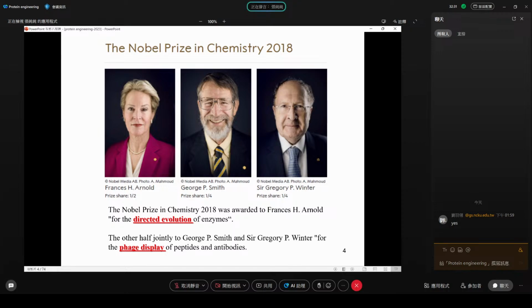And phage display is a new technique for peptide and antibody screening by George Smith and Gregory Winter. The contributions of these three people in this field help us improve protein engineering techniques, to get new proteins that suit any purpose, whether biomedical research or industrial.